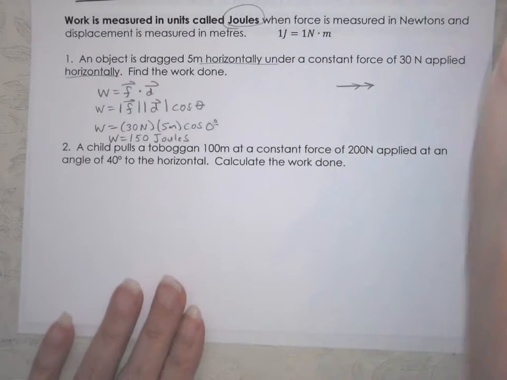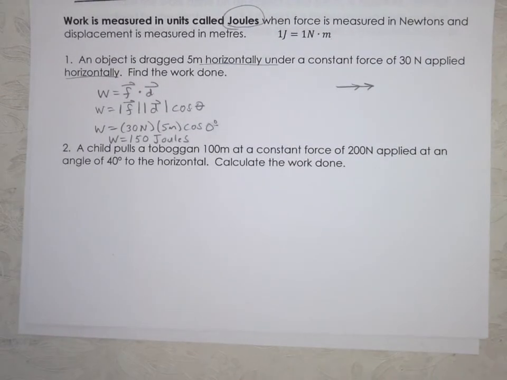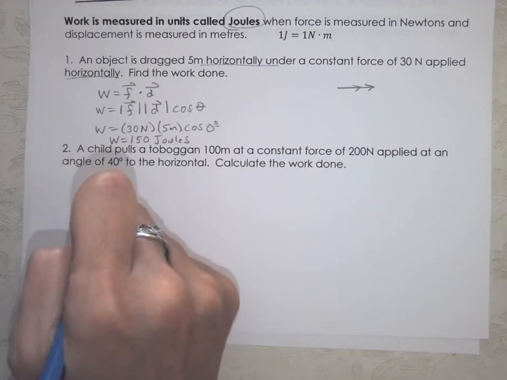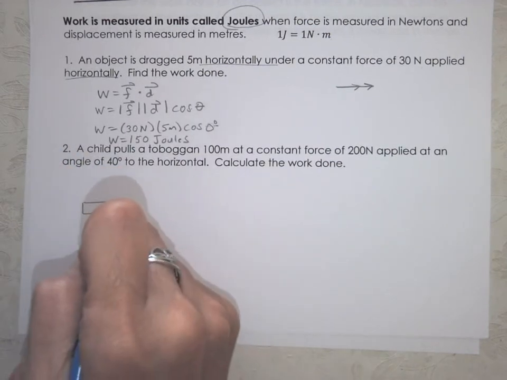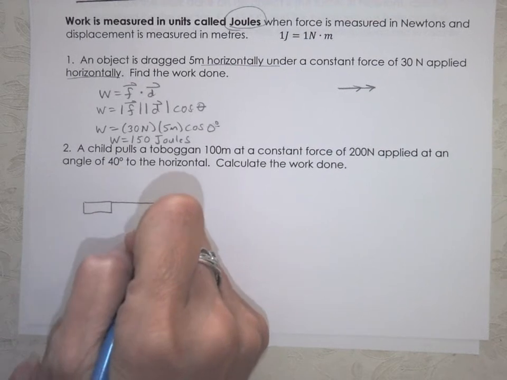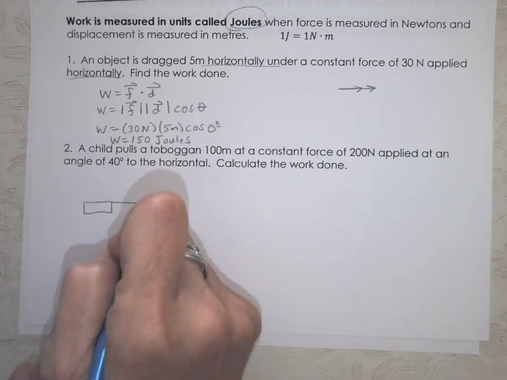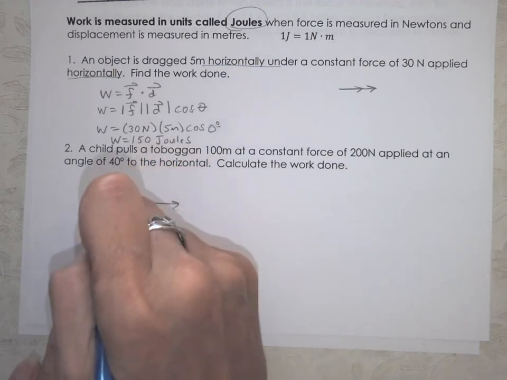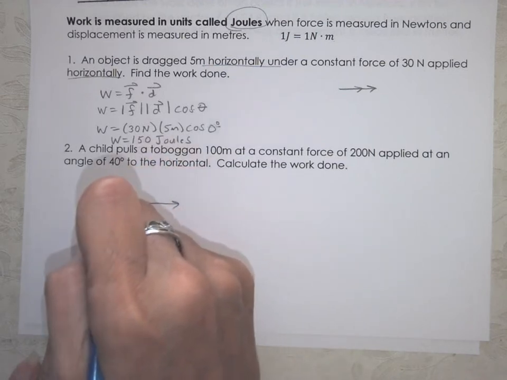A child pulls a toboggan 100 meters at a constant force of 200 newtons applied at an angle of 40 degrees to the horizontal. Calculate the work done. So if you were making a little diagram here, here's our toboggan, and its displacement vector is going horizontally, and its force vector is applied at 40 degrees to the horizontal.